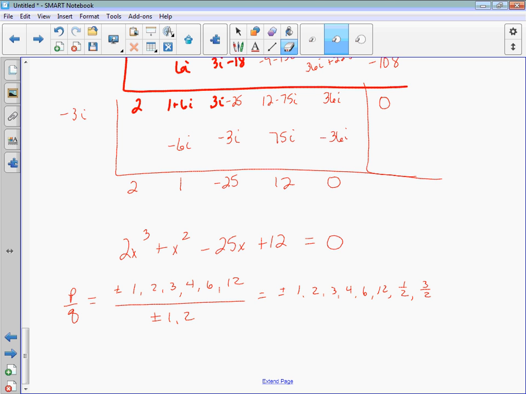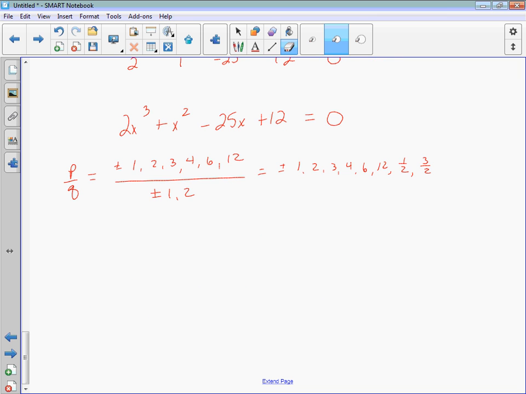I'd rather have the upper and lower bounds. Really? You don't want me to give you one zero? Then we're not learning. I want to learn. I need to practice. Alright guys, try 3.